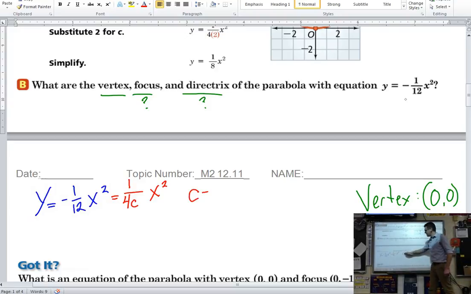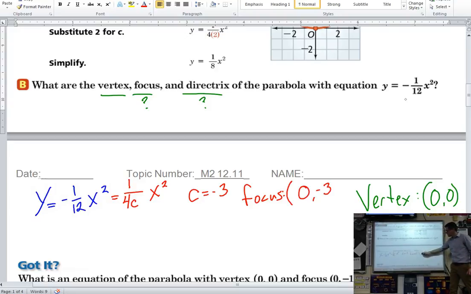So c equals -3, which tells me that my focus, or where that bulb would need to go, would be at 0, -3, because this parabola is pointing down. So the focus of the parabola is actually 3 below the vertex.